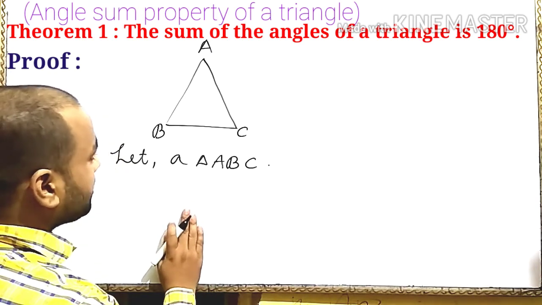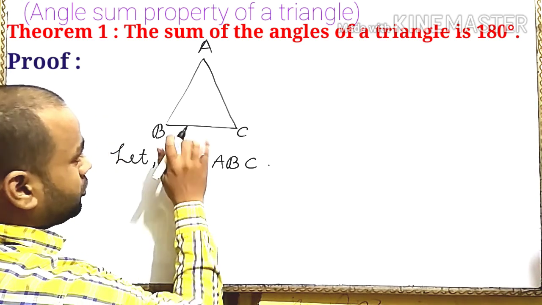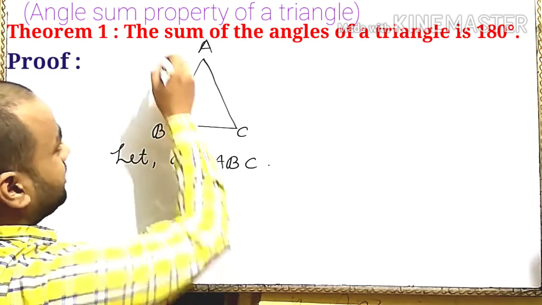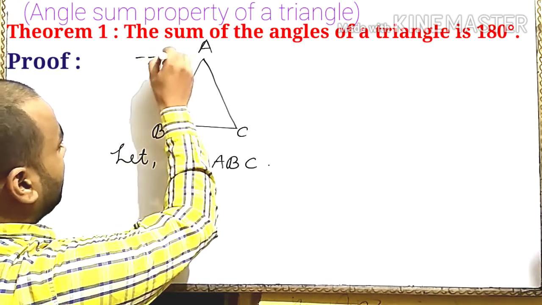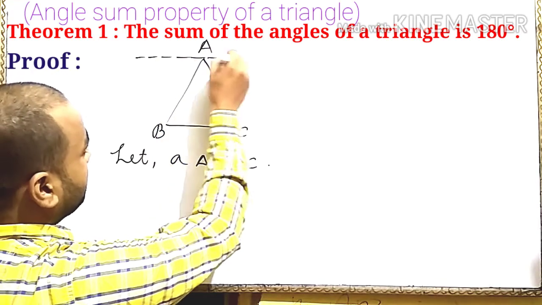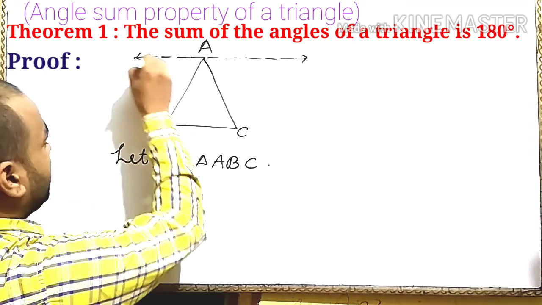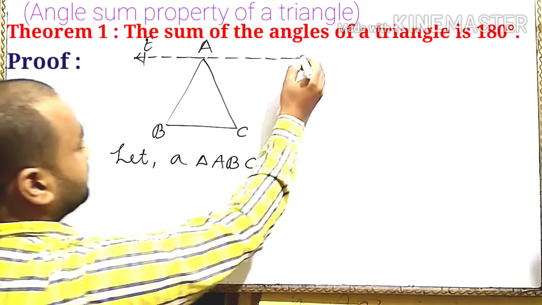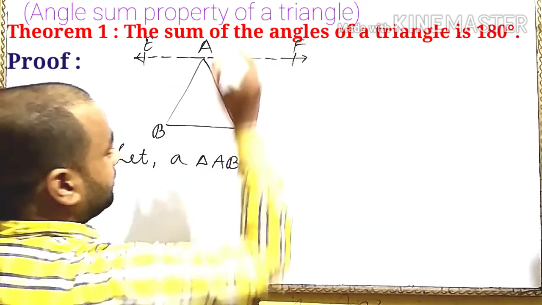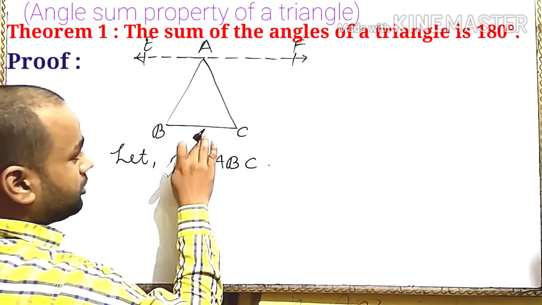We construct a line parallel to BC. Here, draw the line EF, parallel to BC.